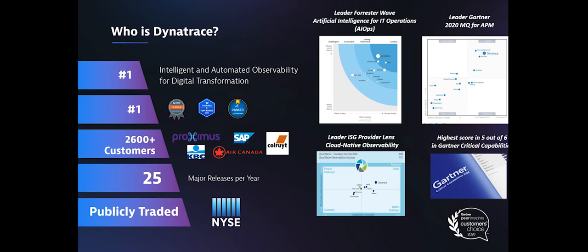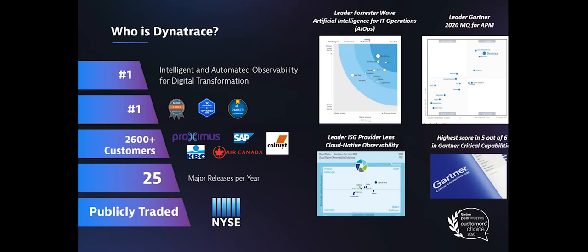We run 25 major releases per year. Why is that important? Because it's all about automation and quick innovation. That's a topic that's near and dear to our heart and actually connected to today's topic of conversation.